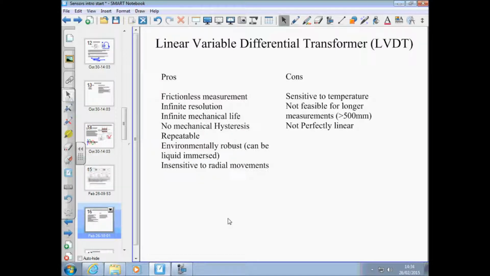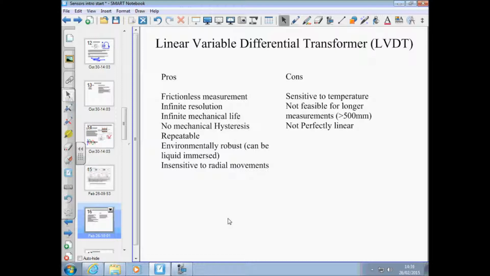So, LVDTs, pros: frictionless measurement. Because that core is made to go as an air gap between the ferrous core and the coils, that's completely frictionless in operation. The resolution, there's no steps in it, so it can infinitely measure the position.